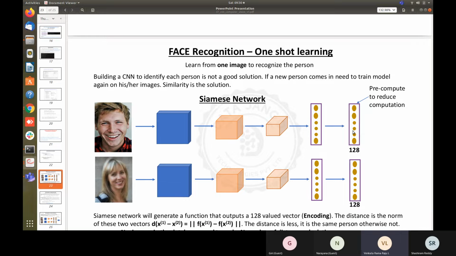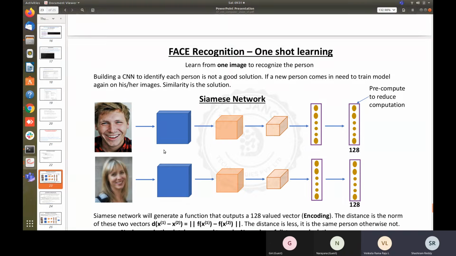We take the closest one and then decide whether the person belongs to the organization or not. Did you get it? The gist of it, at a high level? Yes, sir.